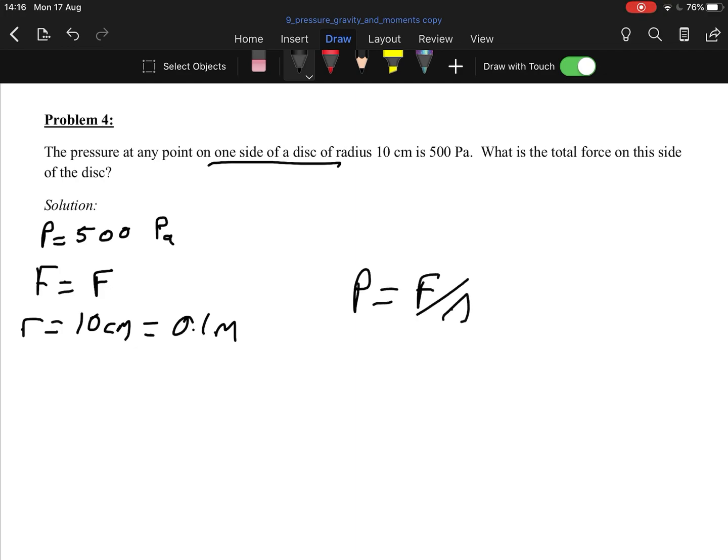So P equals F over A. What's A going to be? If it's a disc, it's a circle. So A equals pi r squared, which equals pi times 0.1 squared. Let me check now, did I do that wrong?